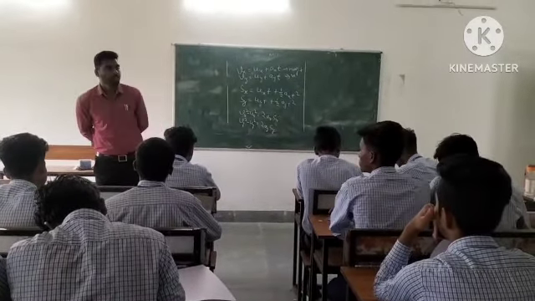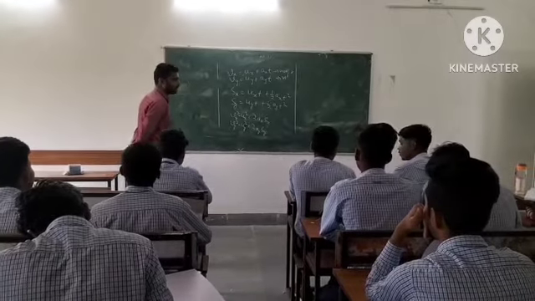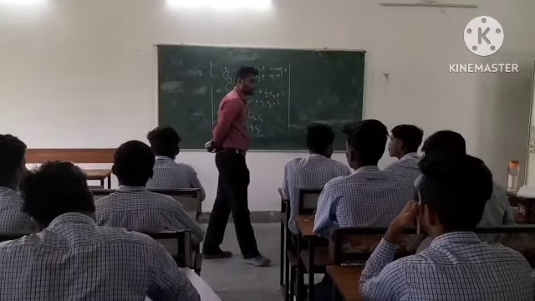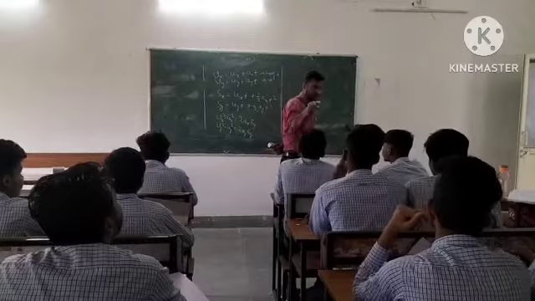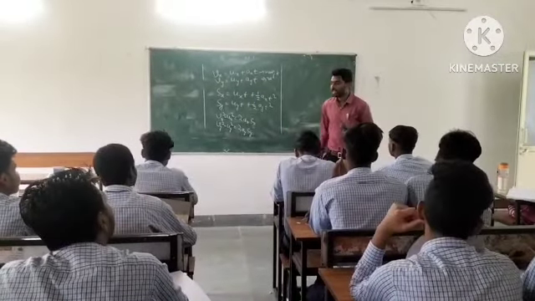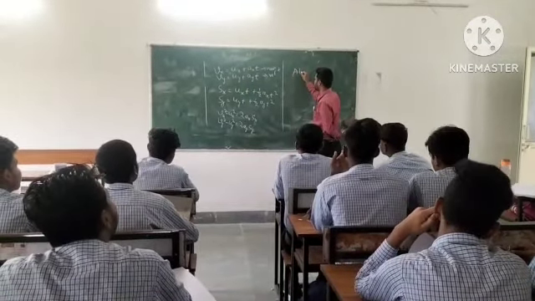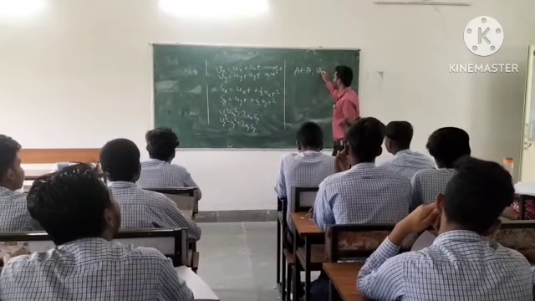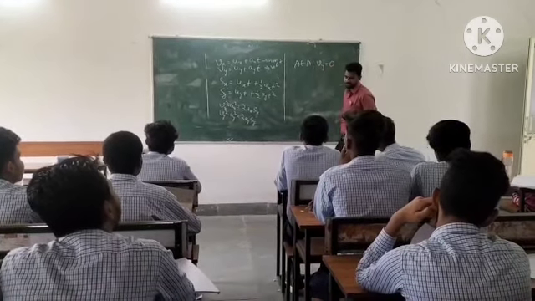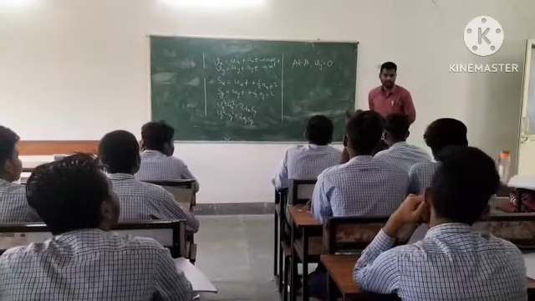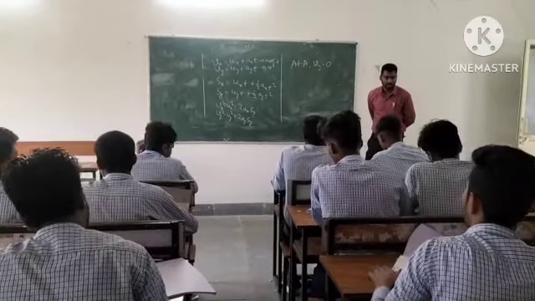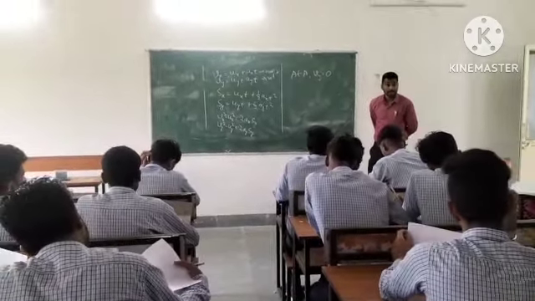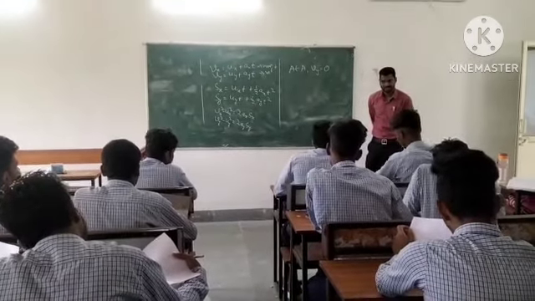So we can take any of the two values where 0 is there in the table. First is at point A, Vy is always 0. Yes or no? Check from the table. At point A, Vy is 0.